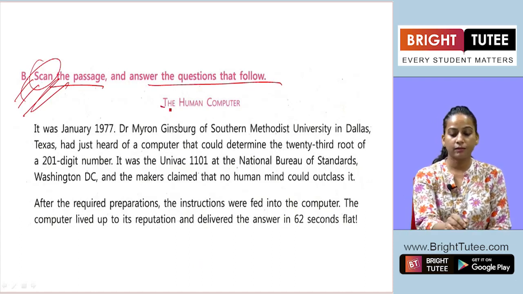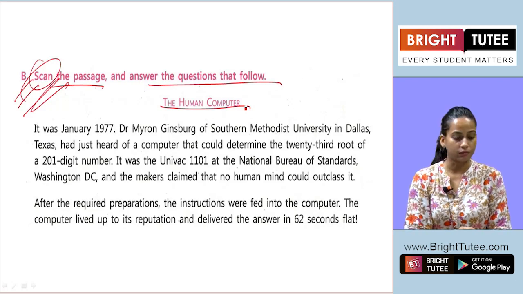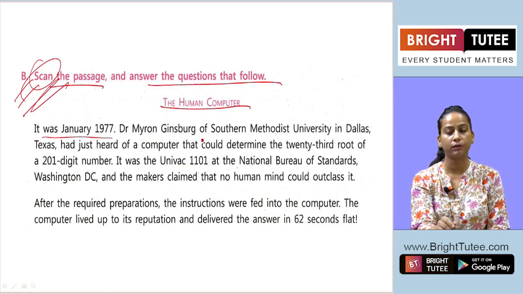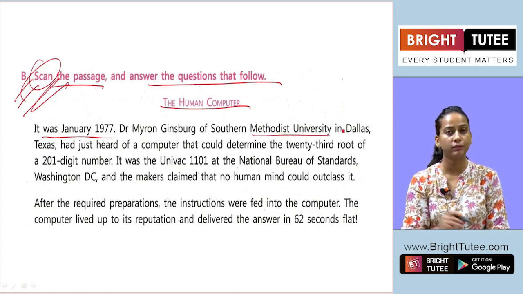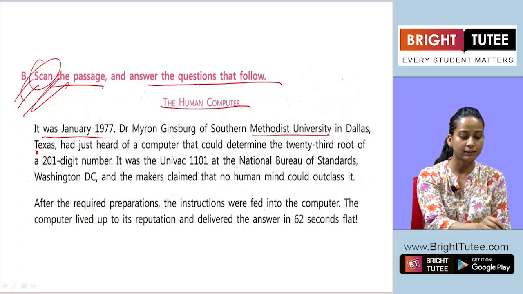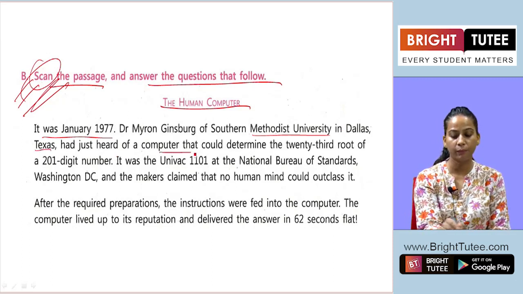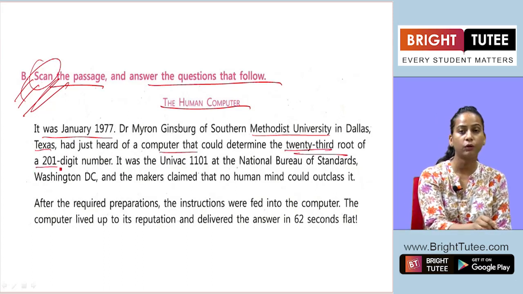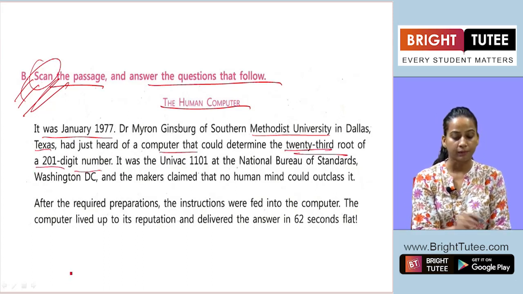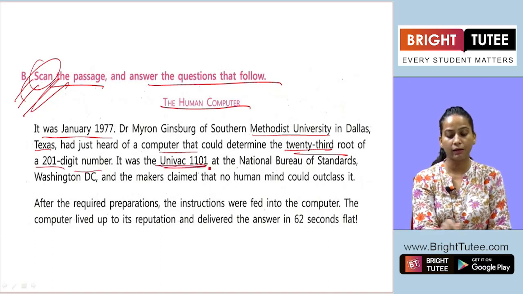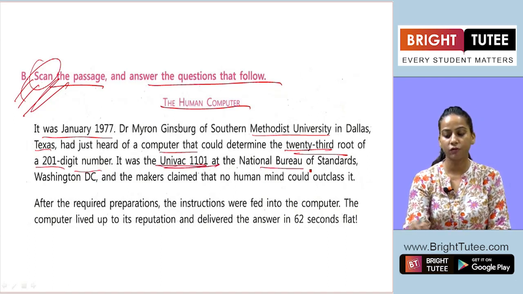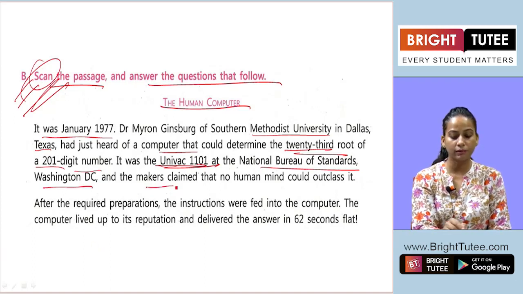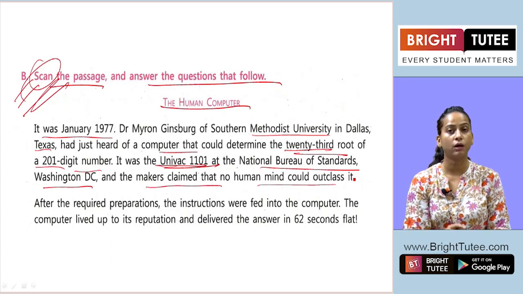Here, let's start. The title is given, The Human Computer. It was January 1977. Dr. Myron Ginsberg of Southern Methodist University in Dallas, Texas, had just heard of a computer that could determine the 23rd root of a 201 digit number. It was the UNIVAC 1101 at the National Bureau of Standards, Washington DC, and the makers claimed that no human mind could outclass it.